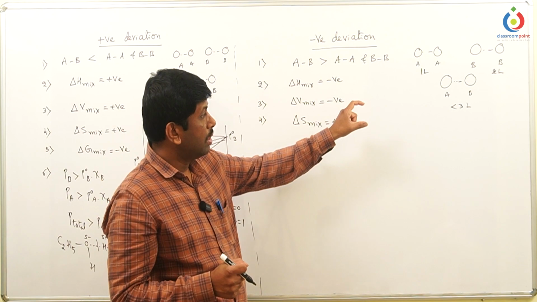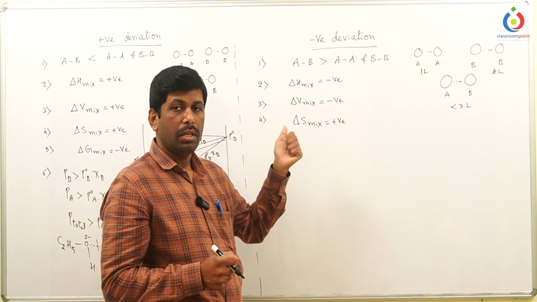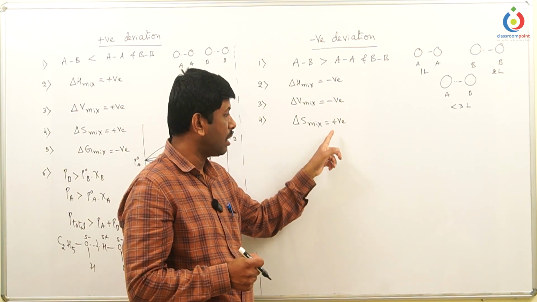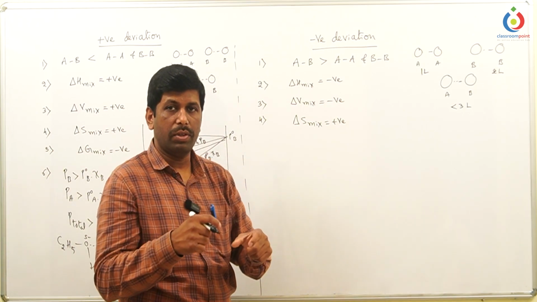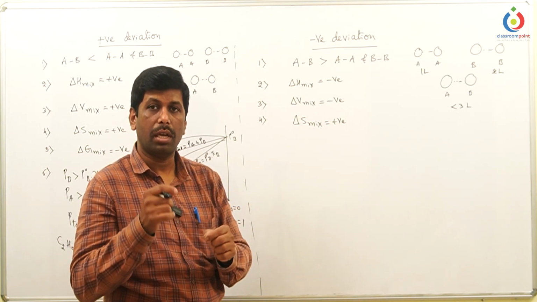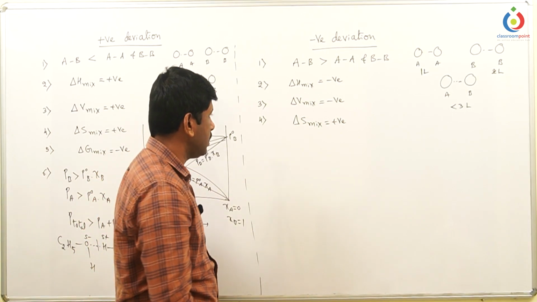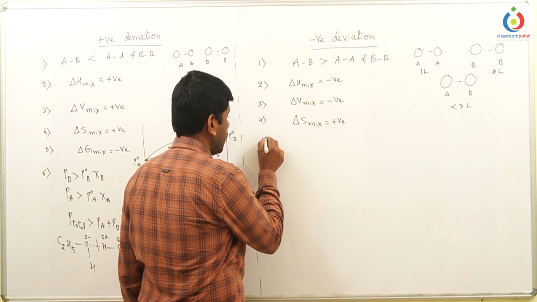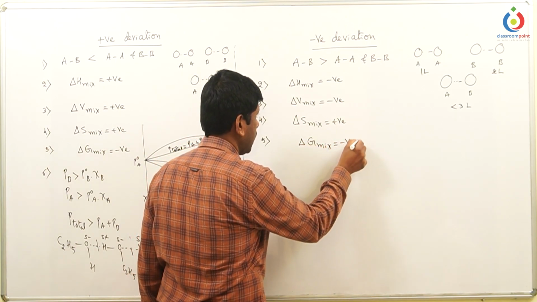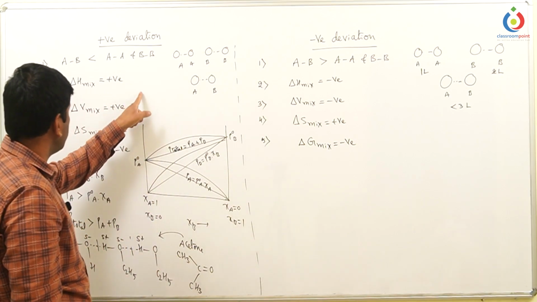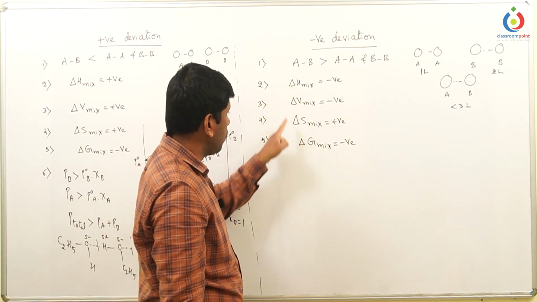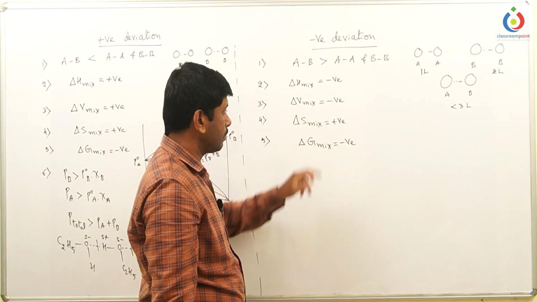When you compare with ideal solutions, the randomness is less, but ultimately, whenever two different liquids are added, intermolecular attractions may be different, but randomness always increases. So delta S mixing is positive. Next, since it is a spontaneous process, delta G mixing is negative. So here, all these are negative values except delta S.